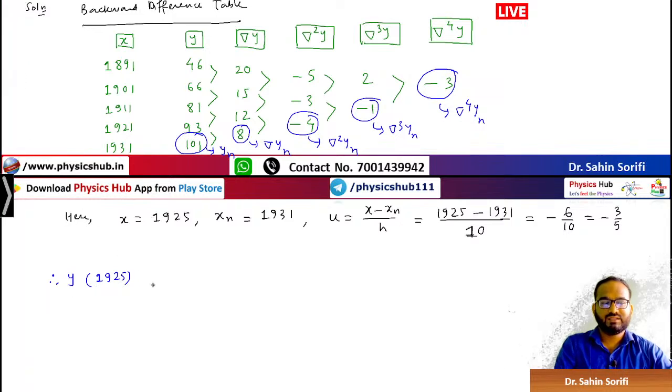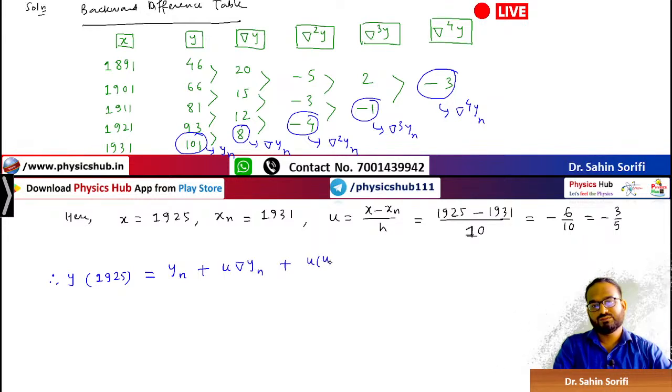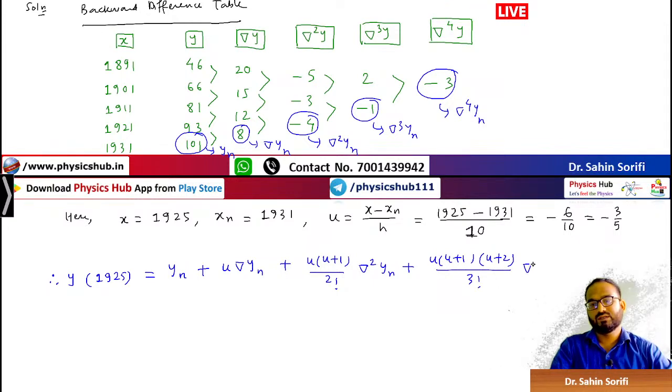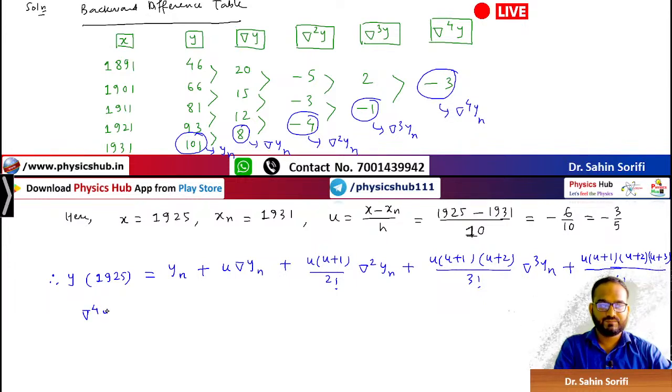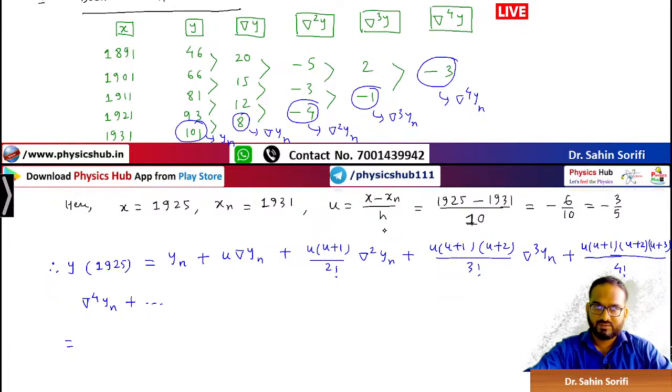So we know the formula now. y at 1925 will be yn plus u times nabla yn, plus u into u plus 1 by factorial 2 nabla square yn, plus u into u plus 1 into u plus 2 by 3 factorial nabla cube yn, plus u into u plus 1 into u plus 2 into u plus 3 by 4 factorial nabla to the power 4 yn and so on. Only the first 5 values will remain, other values will be 0.